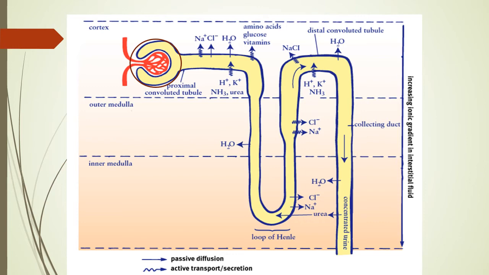Our GFR, glomerular filtration rate, is 180 liters per day. Can you imagine? But we are going to release urine of only 1.5 liters. That's why kidneys are such an important and efficient structure.